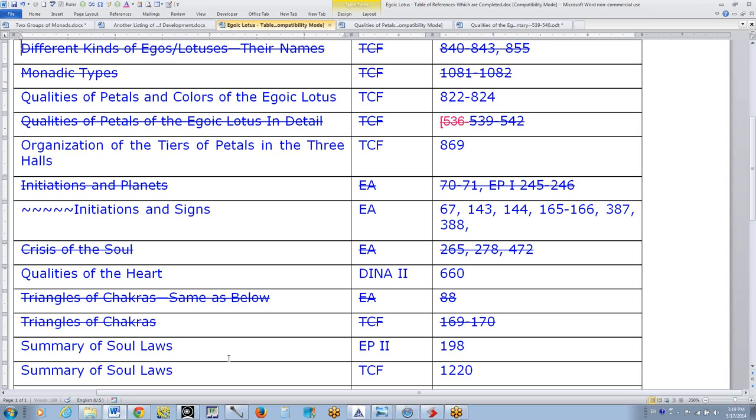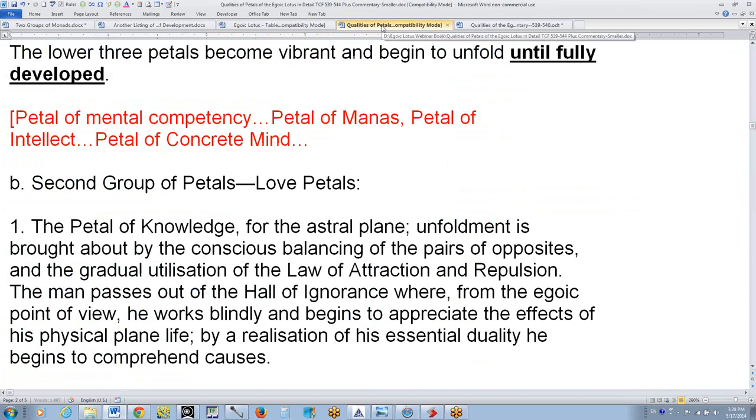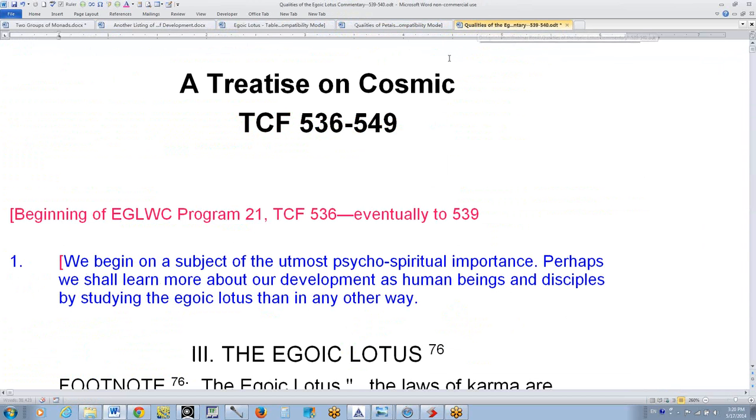The synthetic work will be in two phases. First, we will have the study of petal by petal, bringing many things together in relation to each petal, and of course to the tiers that are involved.